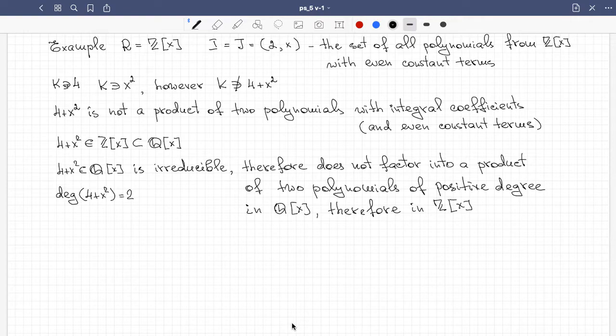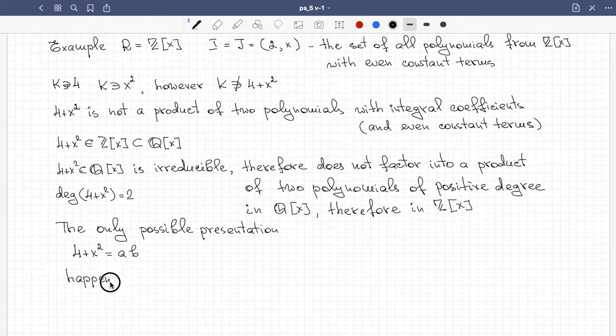So the only possible presentation for 4 plus x squared to be a times b happens when either a or b is an integer.